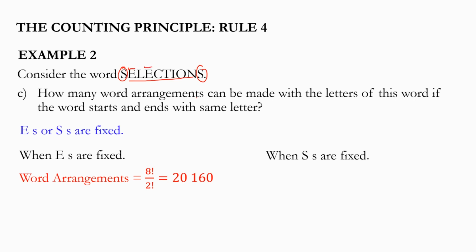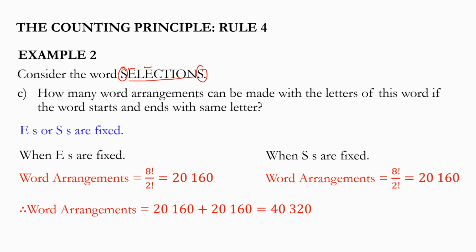So it's again 8 factorial over 2 factorial. Then we add these two: 20,160 plus 20,160, which is 40,320. Okay, so this is how we treat repetitions and use our rule number 4.